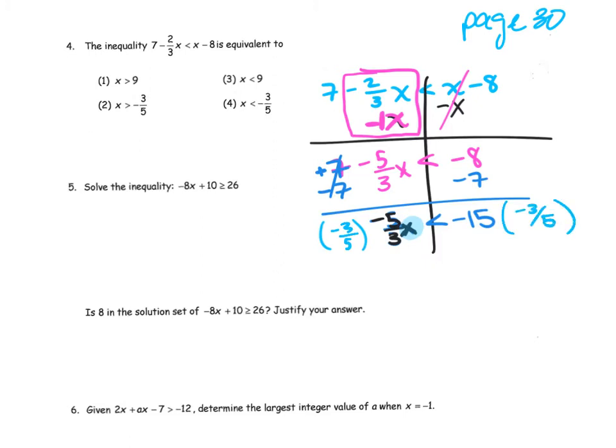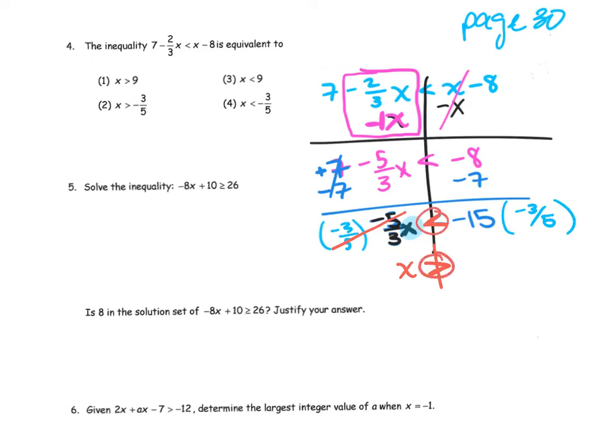Now, we are multiplying both sides by a negative. What do we have to do with this inequality symbol? Whether I multiply both sides by a negative or divide both sides by a negative, we still need to flip the inequality symbol. So I'll have x is now greater than, note that change.